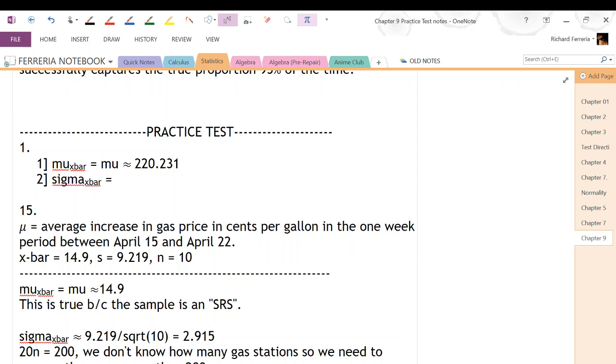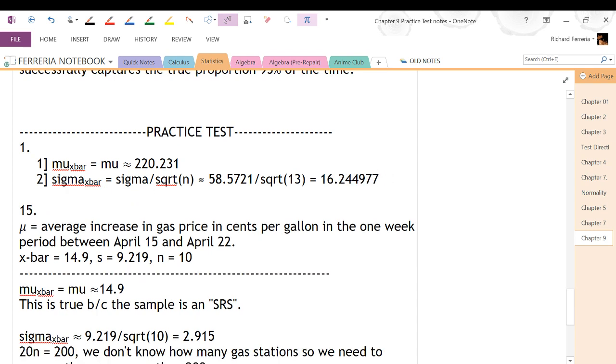That's exactly equal to sigma over root n, but we're going to approximate that with, what is it? 58.5721 divided by the square root of, what's our sample size? 13? 13.